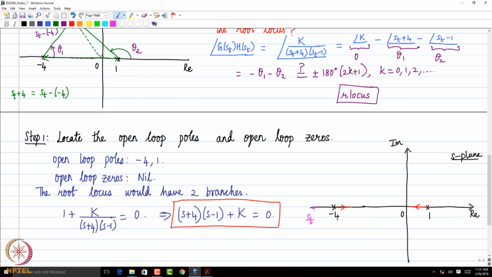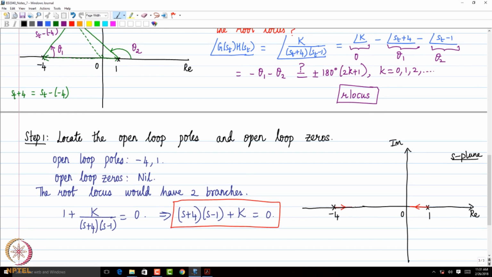So, this sum is going to be -360. Is -360 an odd multiple of pi? No, so that is why I cannot have the branch going to the left from -4.